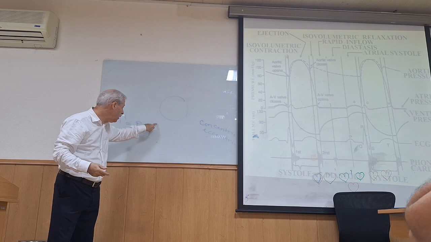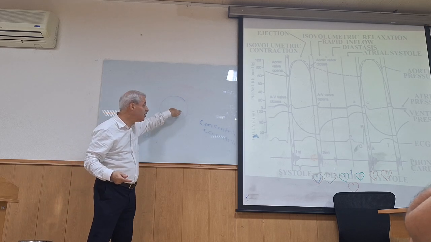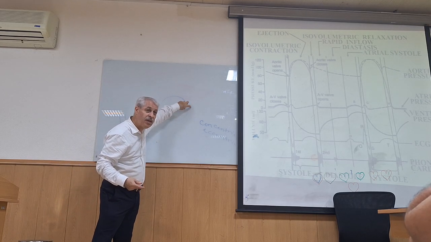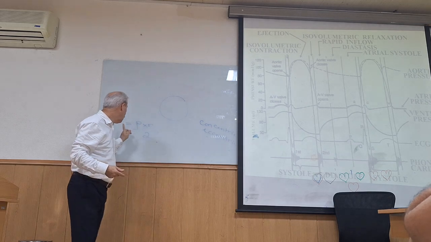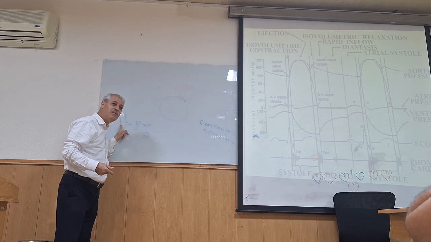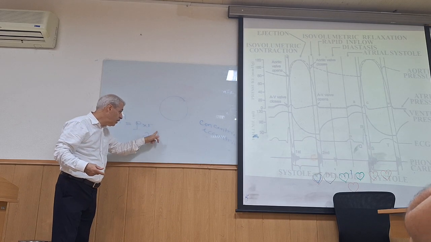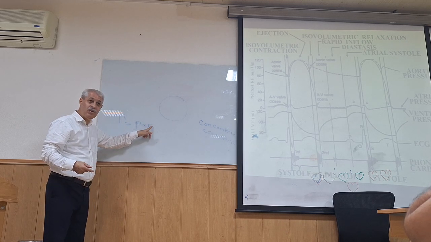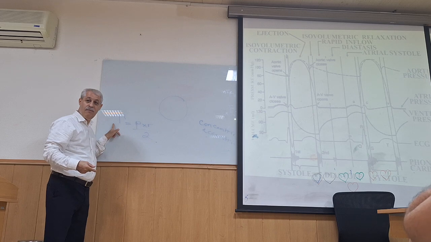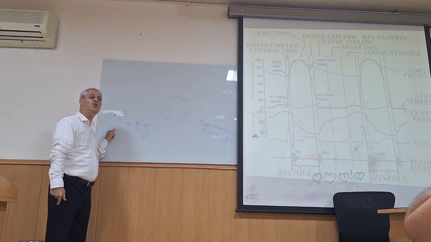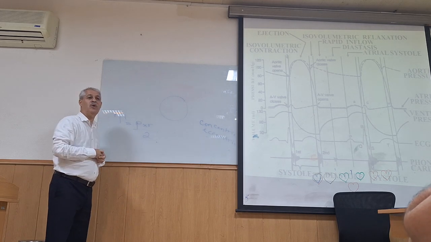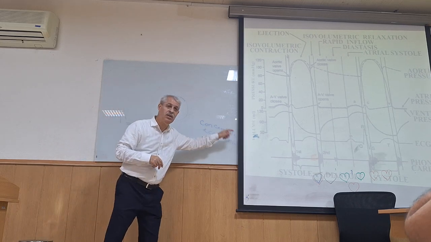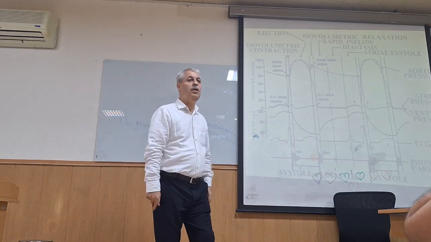If the wall is thickened and the cavity is reduced, what happens to the tension? The radius is reduced, so the tension will also be reduced. This is an adaptive response.